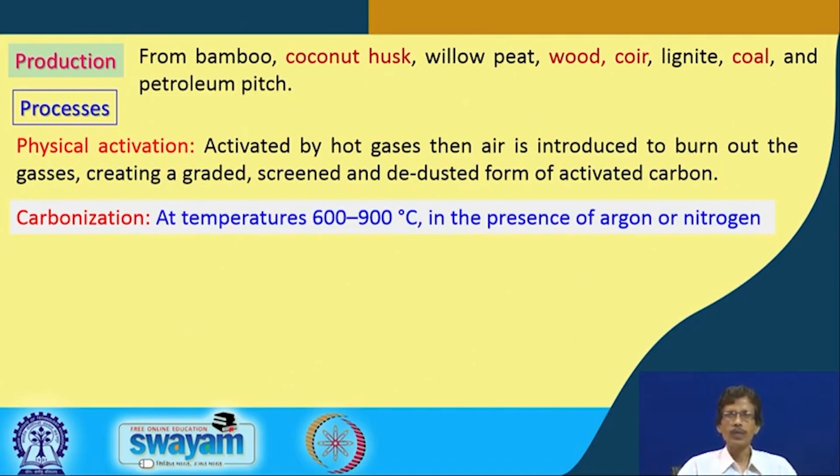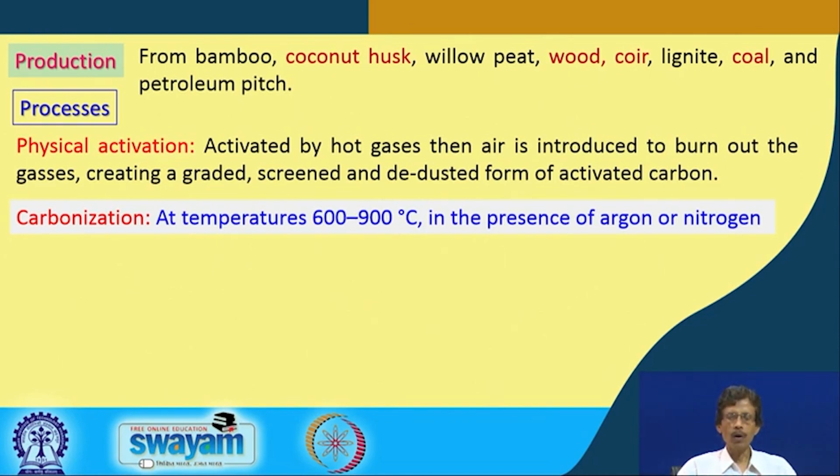Depending upon the different materials you are handling for this carbonization process, your temperature can be different. A temperature of 600 to 900 degrees centigrade is required for carbonization of all these different varieties of material, in the presence of an inert atmosphere, using dinitrogen, that means nitrogen gas, or argon.